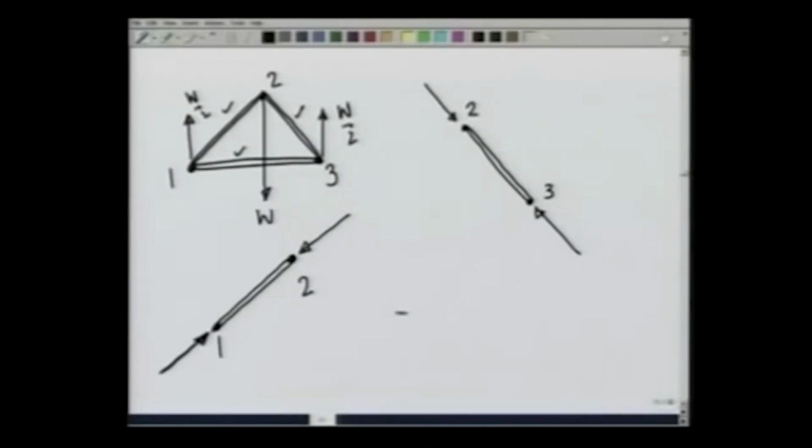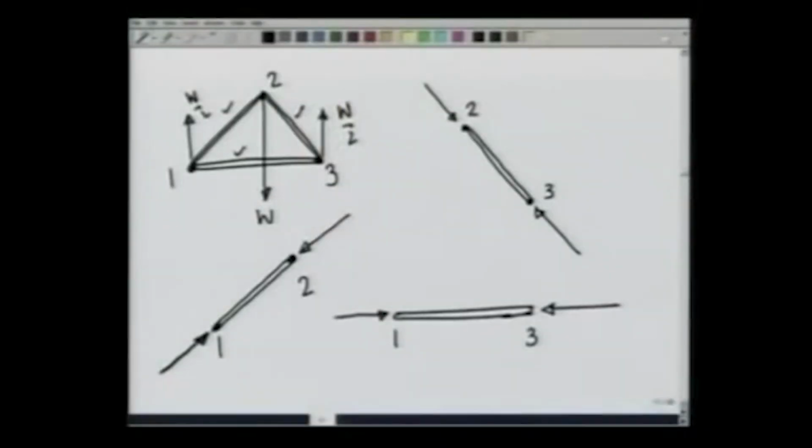And on the rod 1 and 3, again the rod 1, 3 is in equilibrium. So the forces at 1 and 3 have to be collinear, because if a body is in equilibrium under two forces, they have to be collinear. So, now we know the force directions. Let us analyze this further.